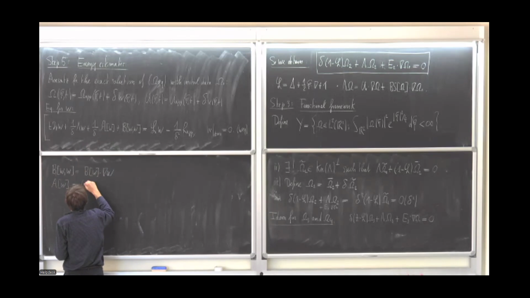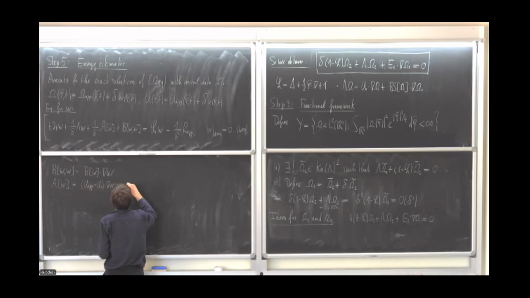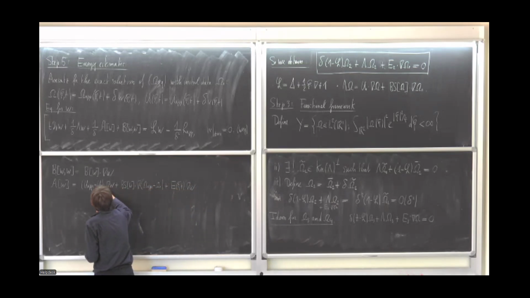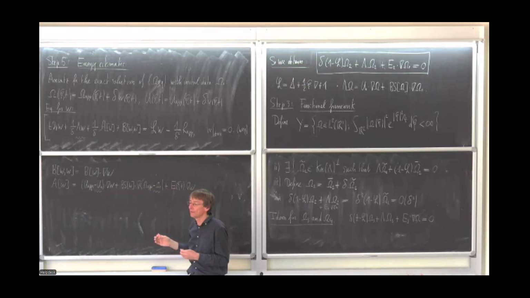So A of W is U_r minus U_0 dot grad W plus B_S of W dot grad omega_r minus omega_0 plus the term in psi dot grad W. And this term here and this term here all together make minus lambda, and this compensates exactly for this one. So this one is compensated by this one. I added and subtracted the same term.